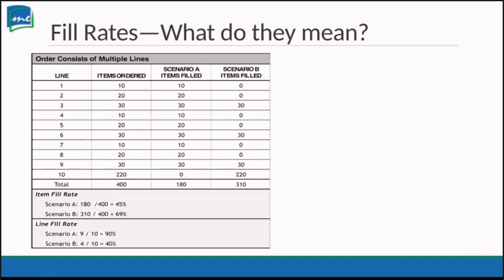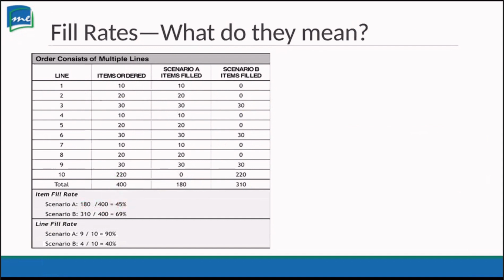According to the information here, we can calculate both the item fill rate and the line fill rate for A and B respectively. For scenario A, the total units it filled is 180, which is the sum of all the units it fills. The total orders are actually 400. So we use 180 divided by 400, and we have 45%.